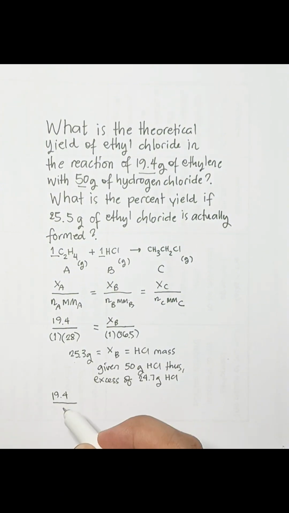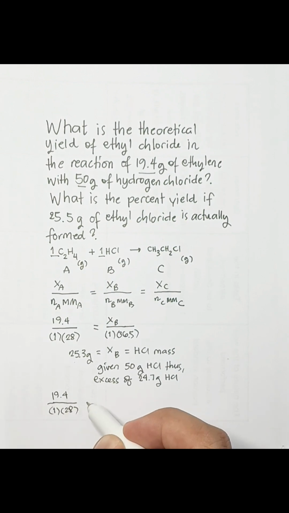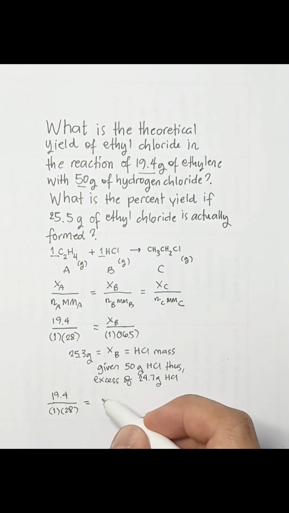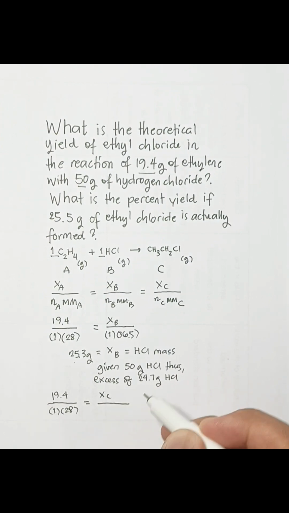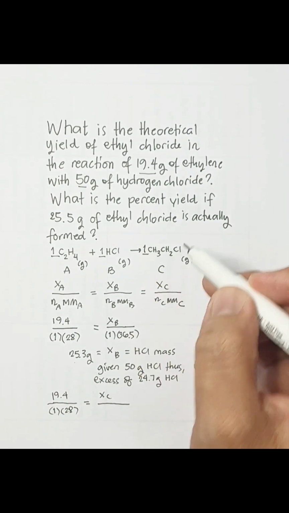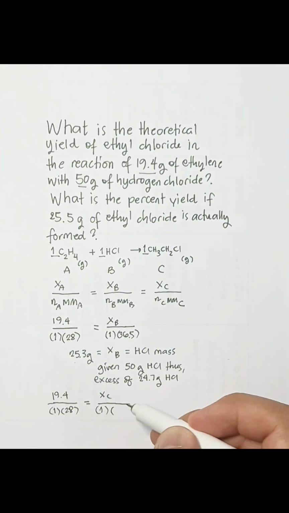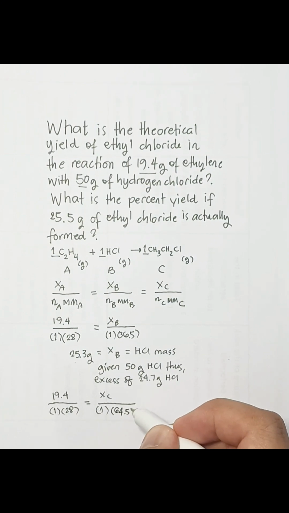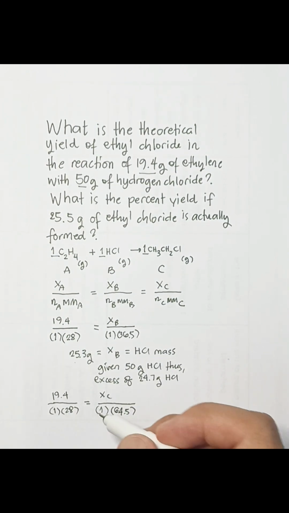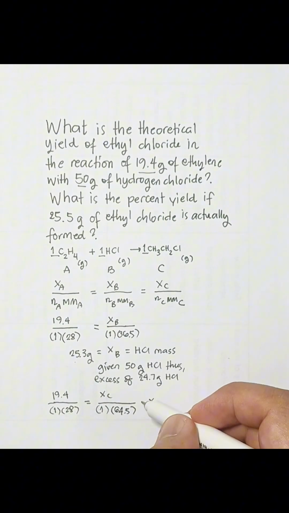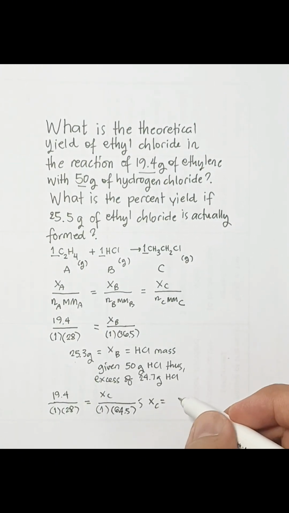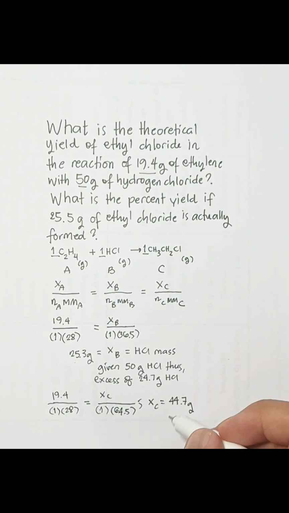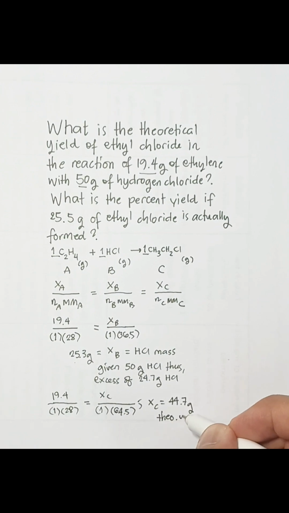This will be equated with XC, which is our theoretical yield amount, divided by the mole coefficient of ethyl chloride multiplied to the molar mass of ethyl chloride, 64.5 grams. Rearranging the equation, this will give us the mass of ethyl chloride from 19.4 grams of ethylene reacting with 25.3 grams of HCl.